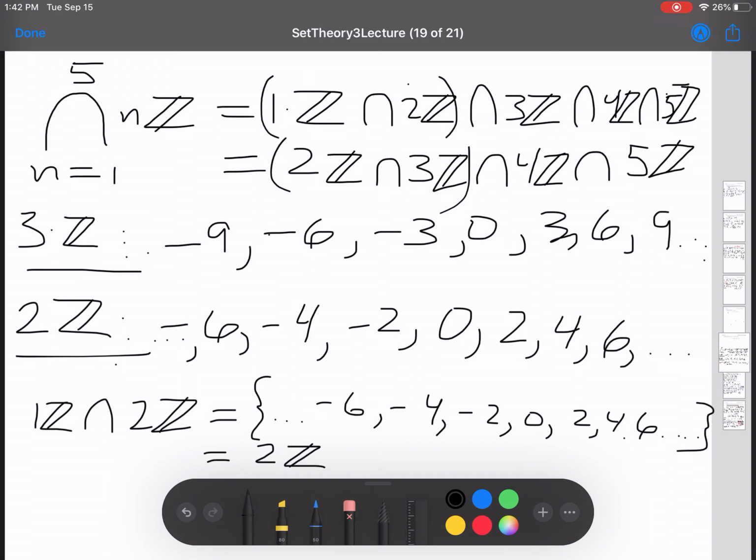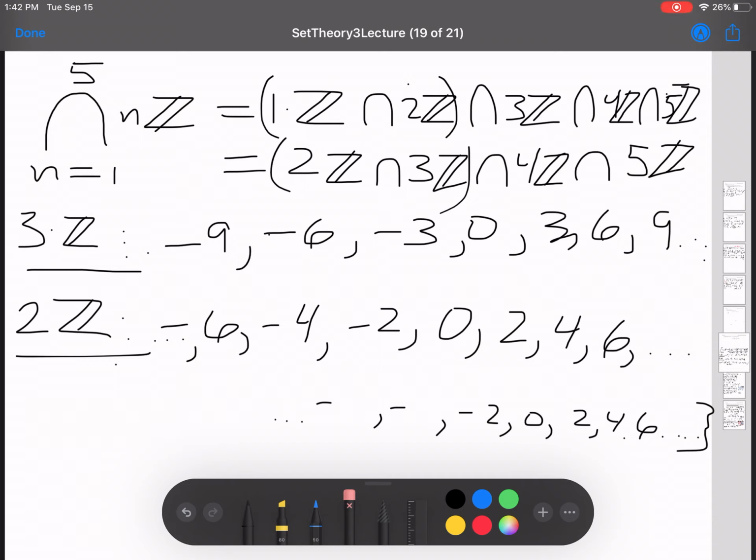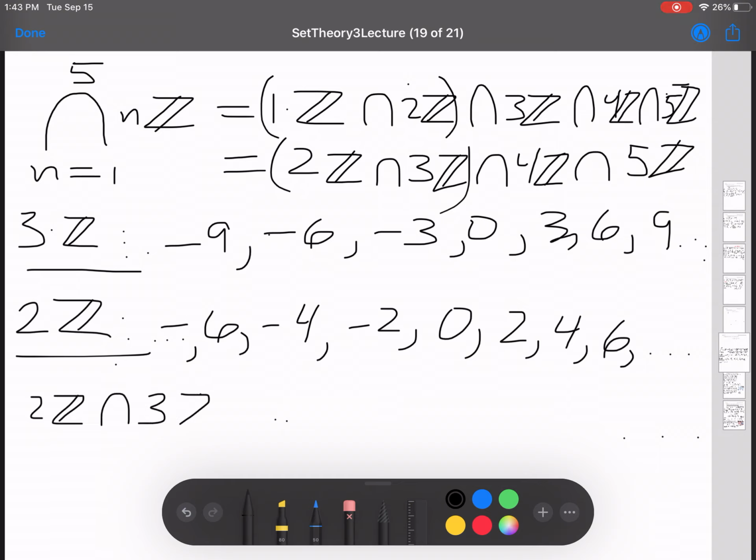Right, and you think to yourself, okay, what do they have in common? What do they have in common? 2z intersect 3z. Let me circle stuff that's common.